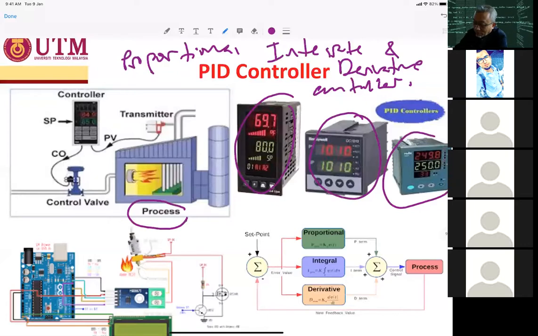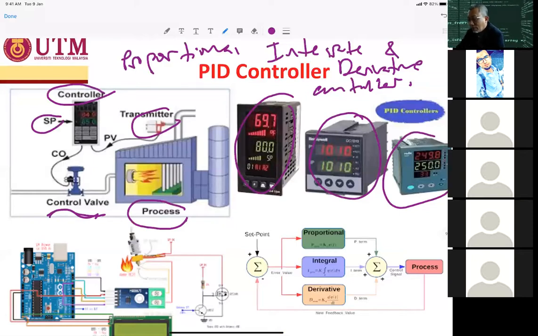So this is a burner process to generate electricity. There is a control valve here, and then there is a transmitter, and there is a controller. There is a set point. And these are the variables measured, which are CO and PV, right?